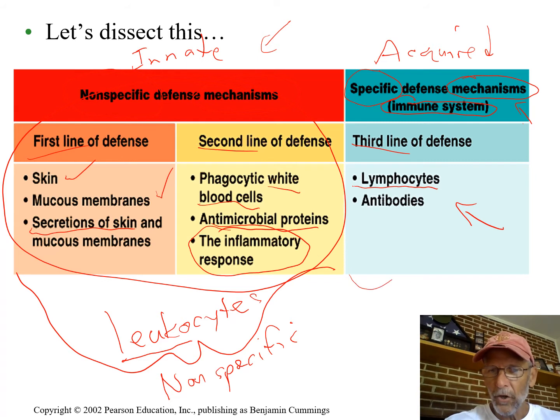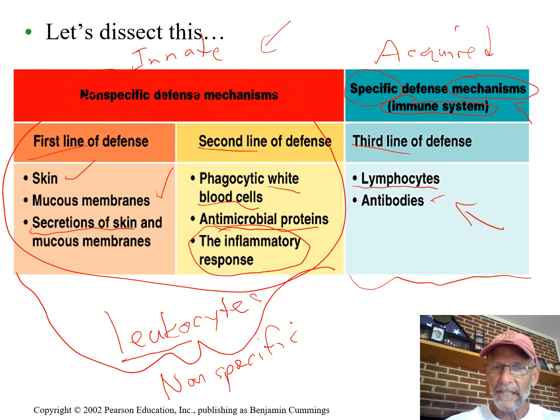Whereas over here, you have players, these lymphocytes, and molecules they make, antibodies, that are going to be quite specific. Your body launches a defense against a specific flu virus and leaves you immune to that specific flu virus, right? But there's lots of viruses that cause what we call the flu, and that's why you can get the flu again and again and again, and it seems like you're not immune to it.